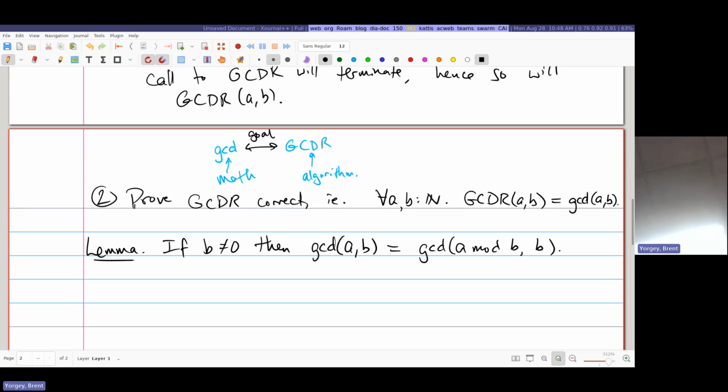The reason I did it this way is both so we get to use the fact that it's symmetric, and also because from a mathematical point of view, it feels more natural to me to think about it this way, where I have A and B, and I'm just taking away some copies of B from A, and I'm not also doing this swapping thing extra. The swapping thing is important for making sure that it stops, and that's part of why we did the algorithm that way.